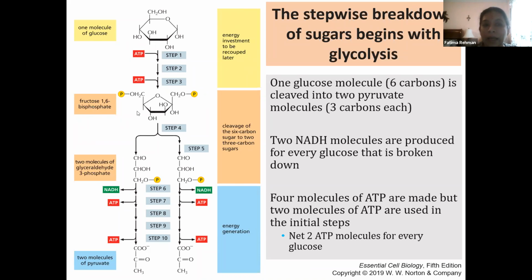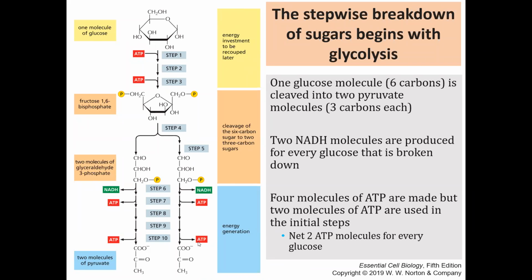That creates that high energy bond over here that can then be broken down in the next two steps to individual chains of 3 carbon sugars with a charged phosphate group on one of their ends, which then is cleaved at the next few steps to release your charged NADH molecule and your 2 ATPs as a result.